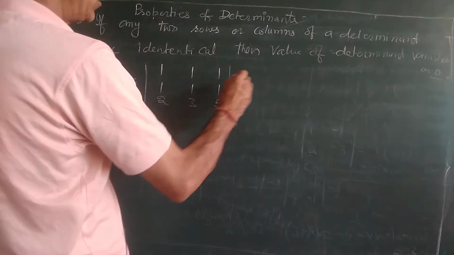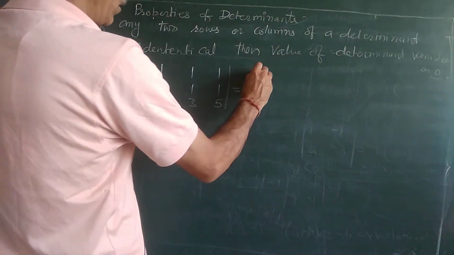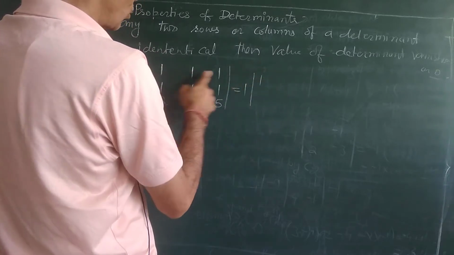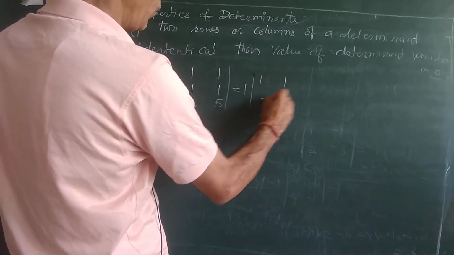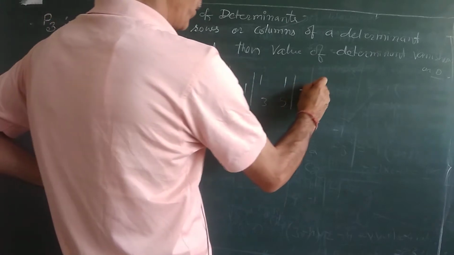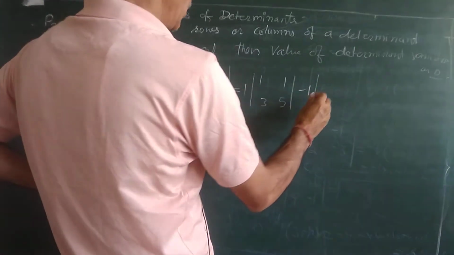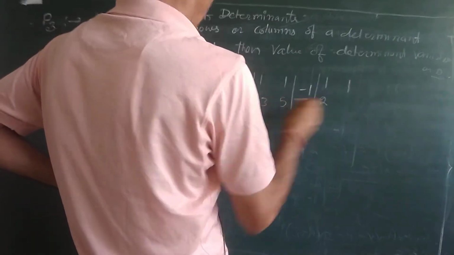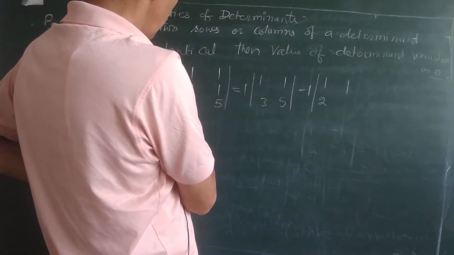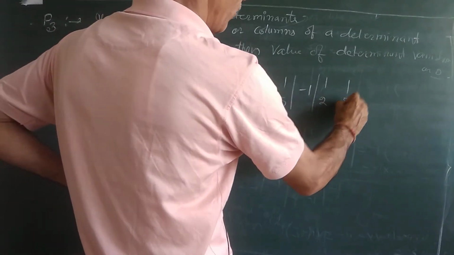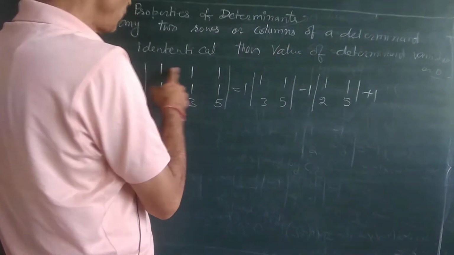Now the determinant is 1 into 1. We delete this 1, first row and first column: 1, 1, 3, 5. Minus 1, position is negative, so delete first row and second column: 1, 2, 1, 5, plus 1.